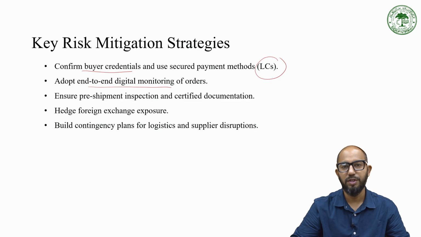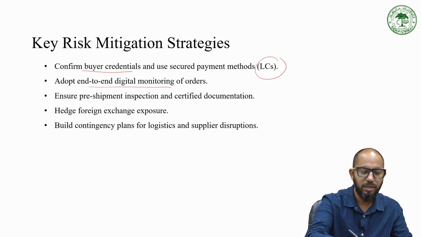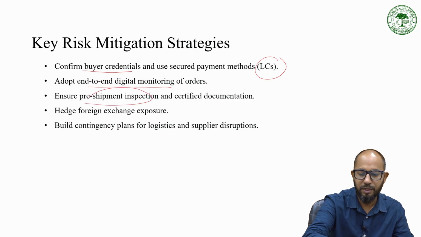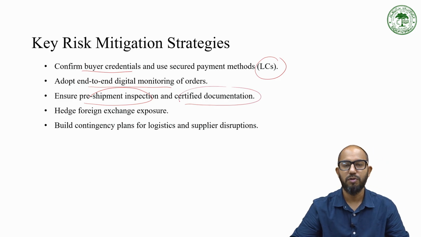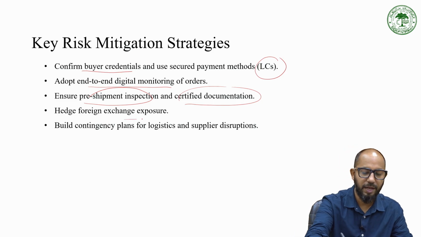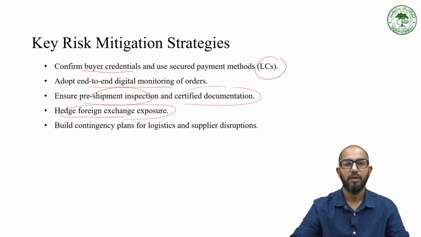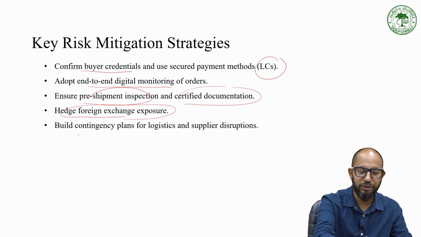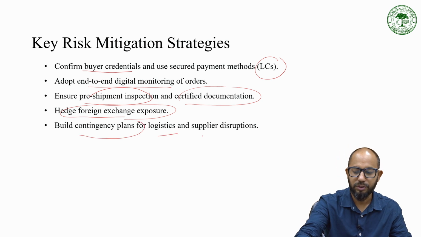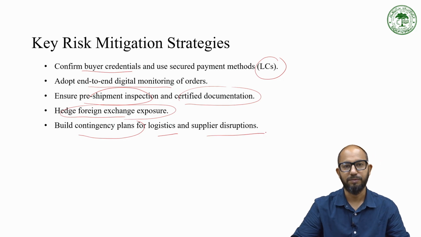The third key risk mitigation strategy is to ensure pre-shipment inspection and certification documentation, which is also very important. The fourth key risk management strategy is to hedge foreign exchange exposure. And the fifth key strategy is to build contingency plans for logistics and supplier disruptions.